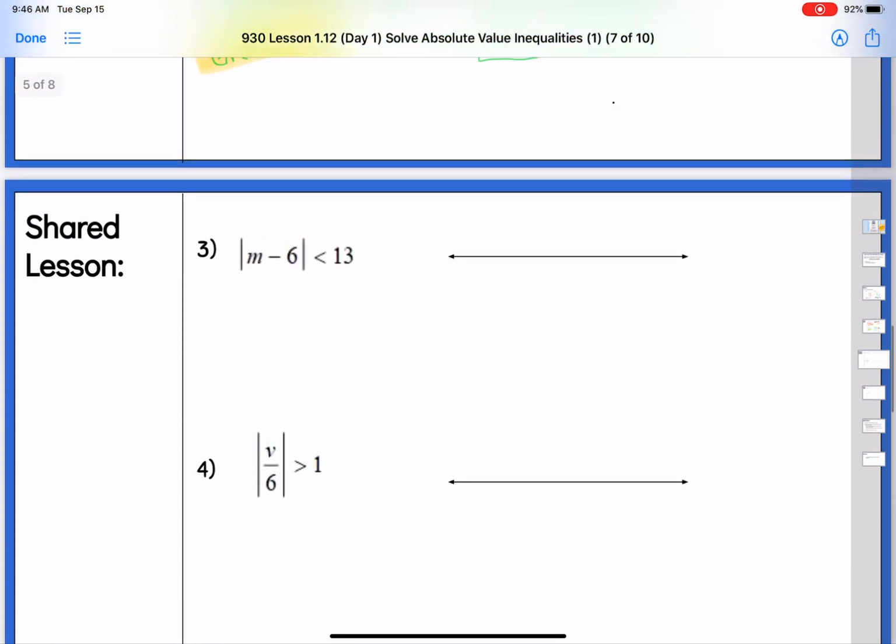All right, now again, those were just the basics, just a single variable, but remember that I might end up having more than just a single variable in the center. So we're going to kind of combine what we know about solving inequalities and what we know about solving absolute value equations into the same thing.